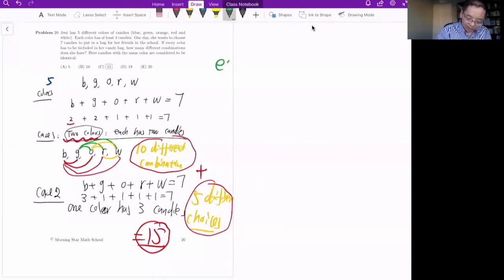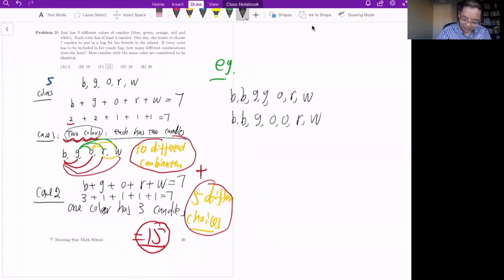For example, let's look at some combinations. I can do blue, blue, green, green, orange, red. Or I can do blue, blue, orange, orange, red, white. Or I can simply do 3 blue, then 1 green, 1 orange, 1 red, 1 white.